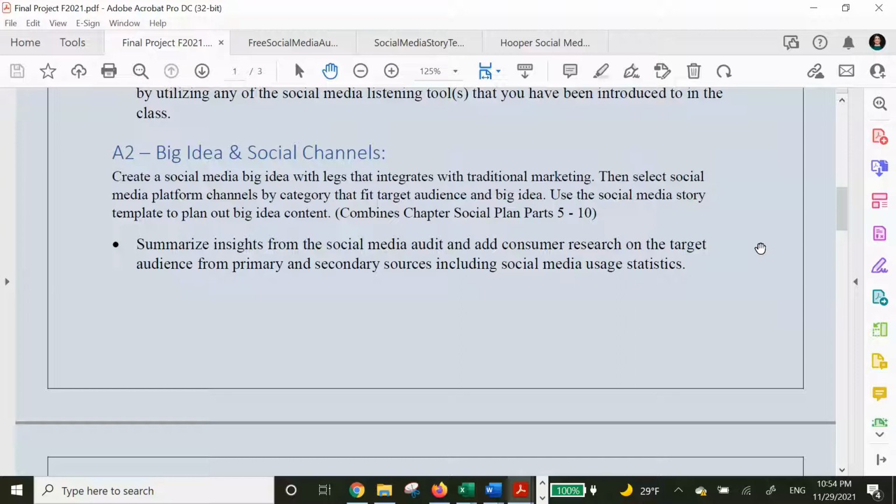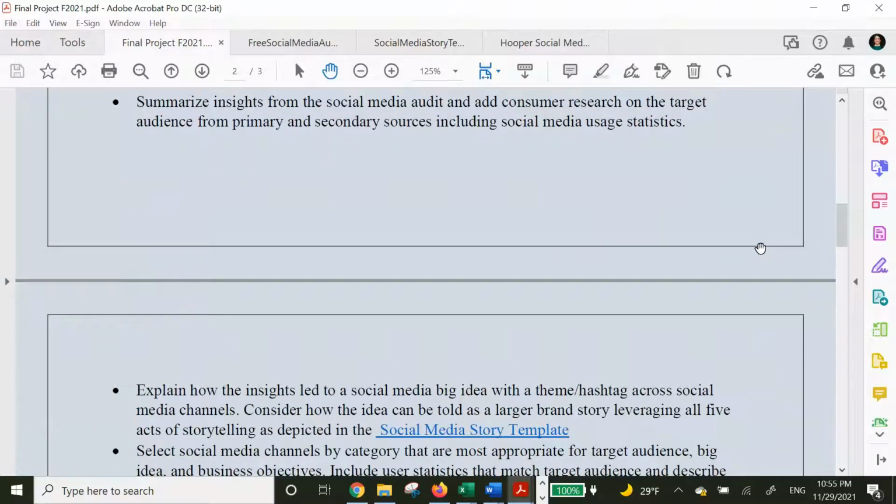So right here, you're going to summarize the insights from the social media audit. You could perform a new listening exercise and use keywords that are close to your brand, and then you are going to find more information about what is being talked about the company, and maybe you find something that is not the best, and that could be something that you want to repair, and that could be the focus of your big idea.